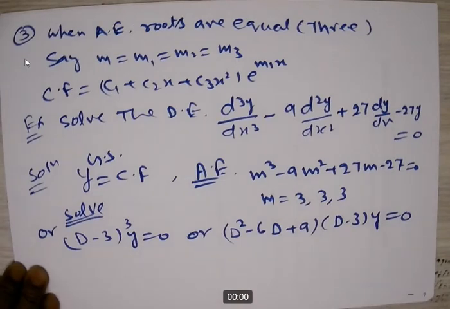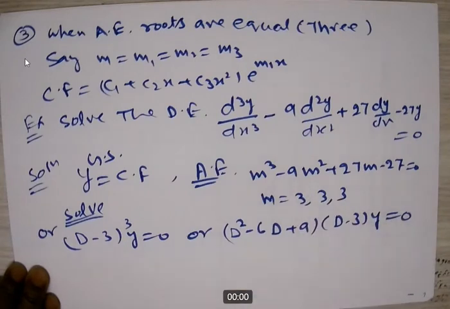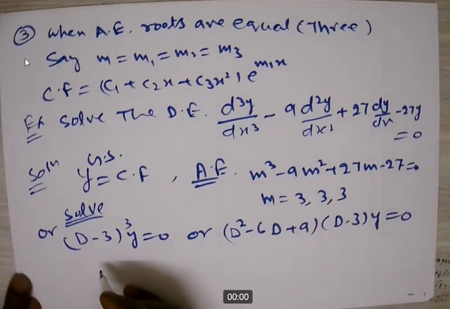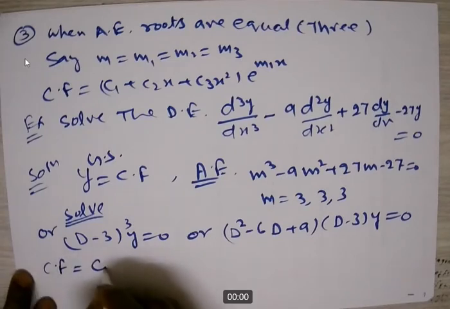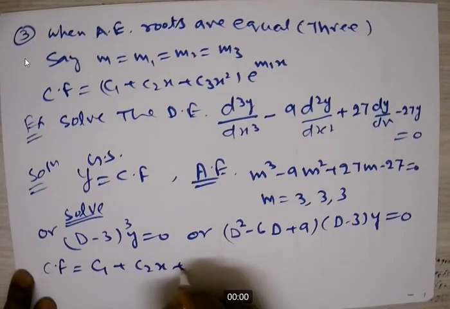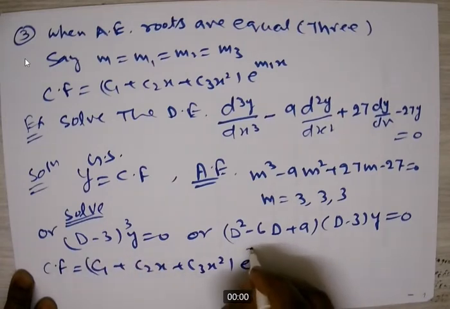That means the roots of the auxiliary equation are equal, meaning 3 roots are equal. If 3 roots are equal, then the complementary function will be (c1 plus c2x plus c3x square) e power 3x.